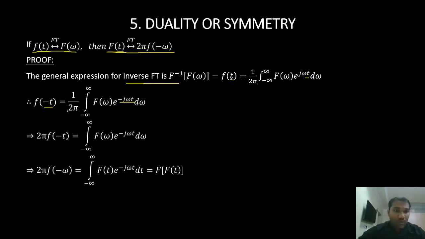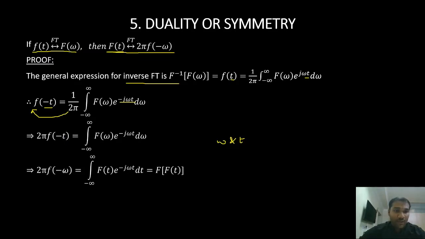Now this 2 pi, I'm going to get it to the left hand side. So 2 pi f of minus t is equal to integral from minus infinity to plus infinity F of omega e power minus j omega t d omega. And now I'll interchange omega and t. In place of omega, I'll put t. In place of t, I'll put omega.